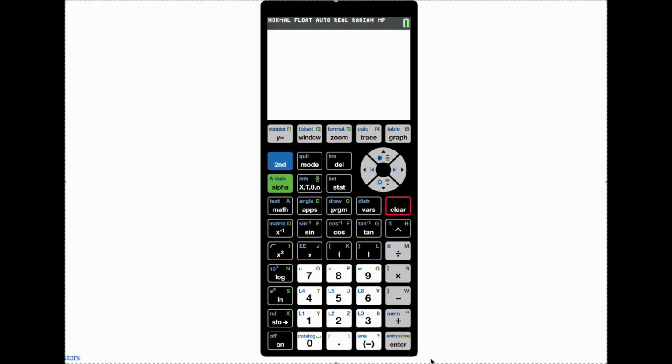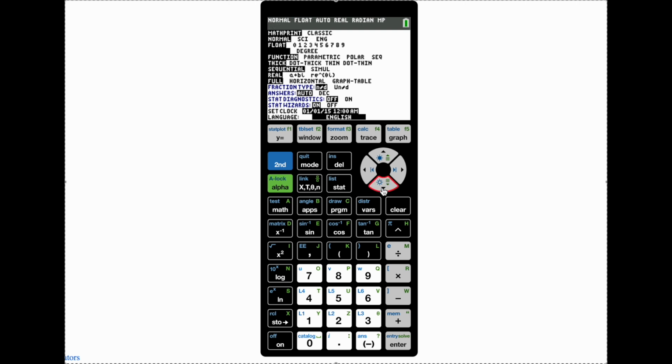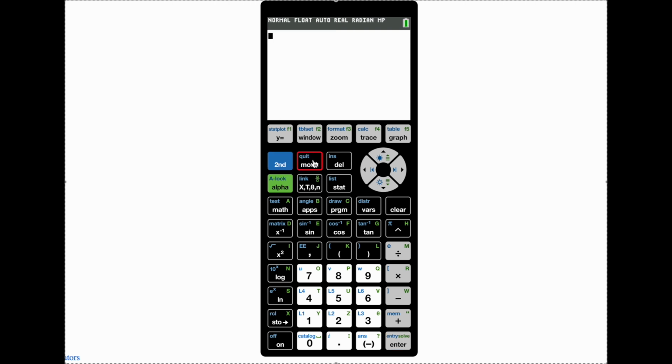Let's use the calculator to evaluate negative 8 times sine of 3 minus 6. First, make sure your calculator is set to radian mode. Press the Mode button, then scroll down to select radian. Press Enter. To exit the screen, press second, quit. Now enter the expression: negative 8 sine of 3, close parentheses, minus 6, and press enter.